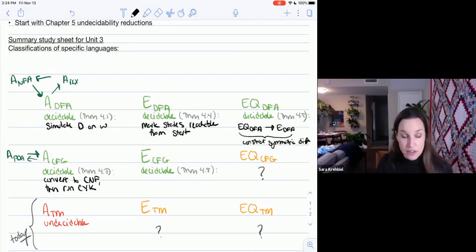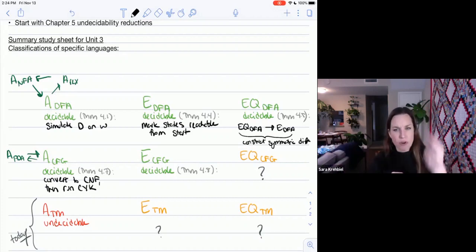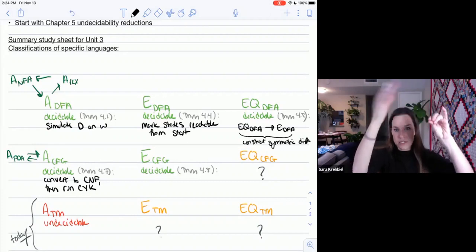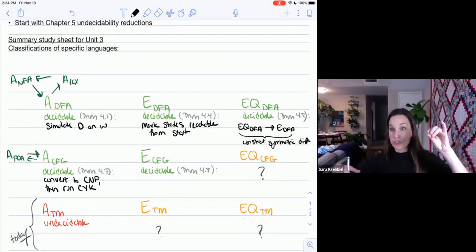Now, we did take this emptiness decidability question and take some indication from the DFA case, where we said, let's see if from the start we can somehow get to an accept state. But with ECFG, we're saying, let's see if from terminal right-hand sides, we can use variables that only generate terminals and eventually find the start variable, because that indicates there's a way of getting from the start to an all-terminal string, and that means the language is not empty.